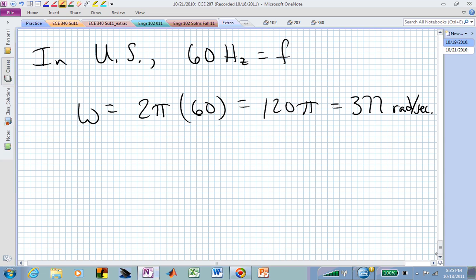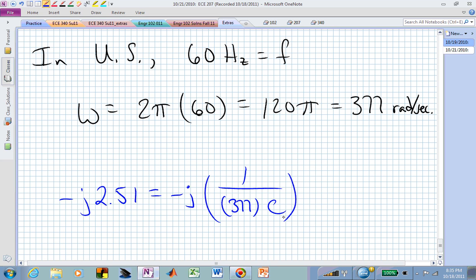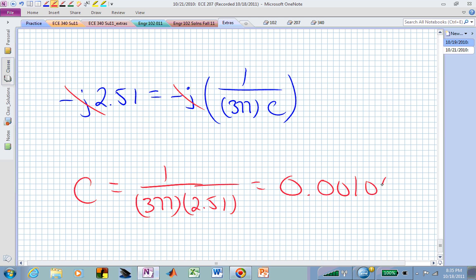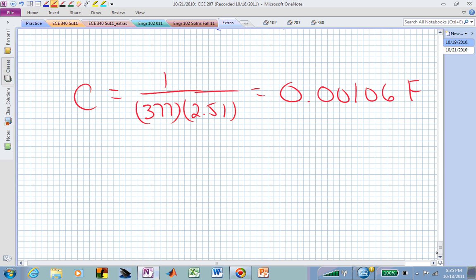We now have this minus j 2.51 is equal to a minus j times 1 over 377 times C. The minus j's cancel, as I had indicated before, and now we have C is equal to 1 over 377 divided by 2.51, or that becomes 0.00106 farads, and now we know what the capacitor is.